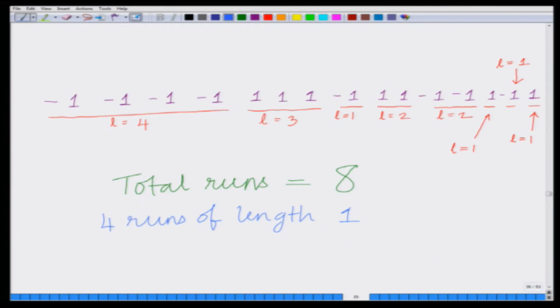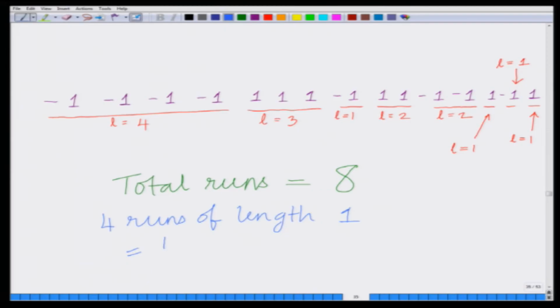The length of the run is basically the length of the string, and we have 4 strings of length 1, which means we have 4 runs of length 1, and the total number of runs is 8. And now look at this, 4 is basically half of 8. So, half of the 8 runs are of length 1.